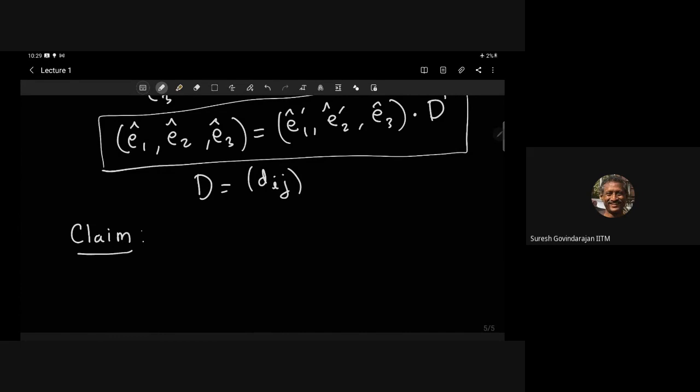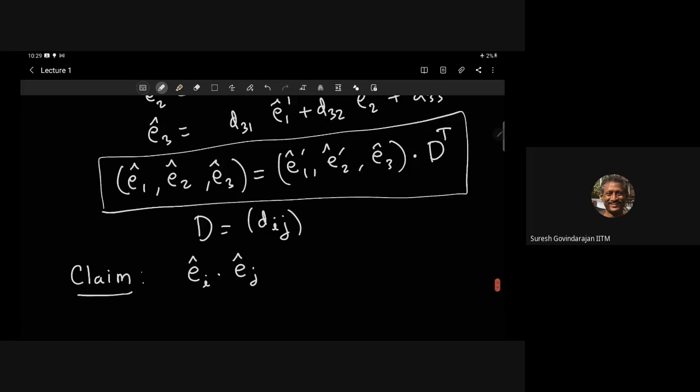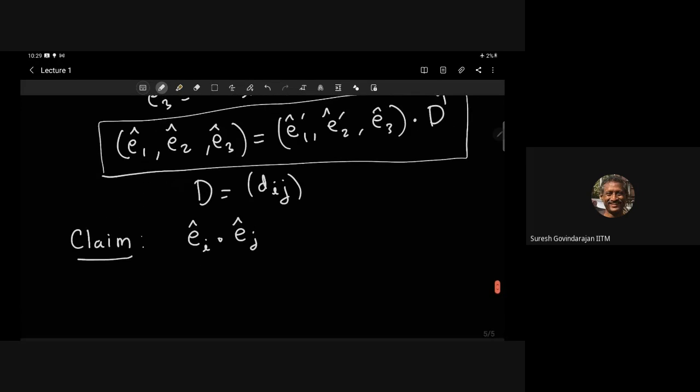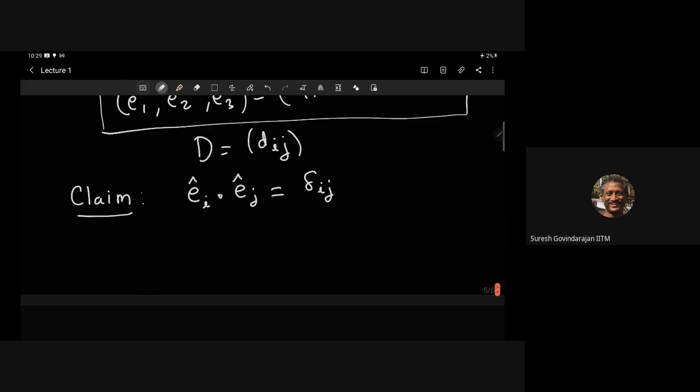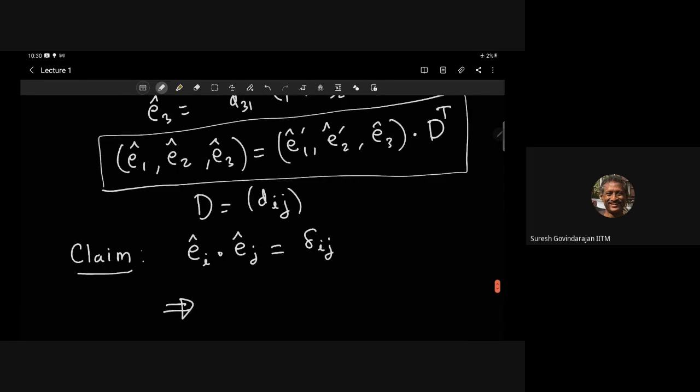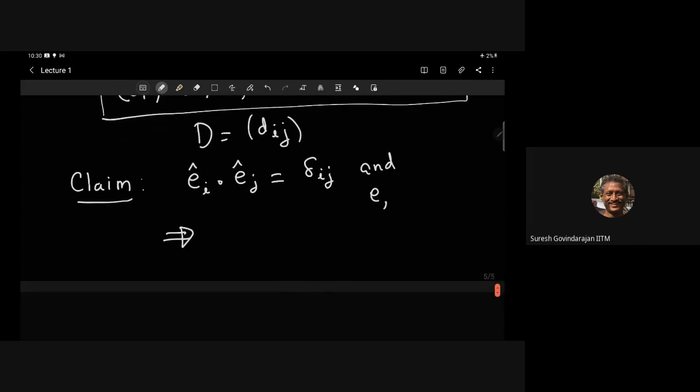What we have is Ei hat dot Ej hat equal to delta ij, which implies delta ij, and you can rewrite this in terms of primes. Of course both are true.